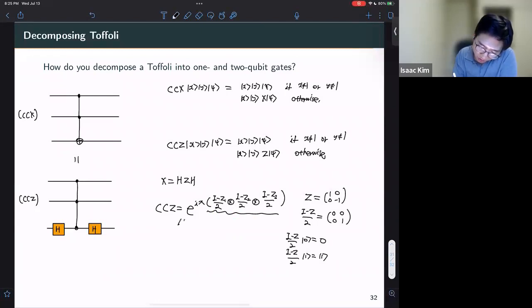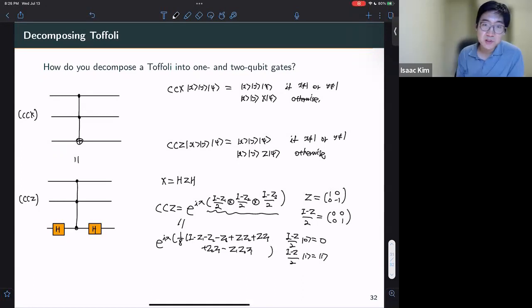And here's the cool part. This identity and the Z's all commute with each other, right? So what you end up getting is e to the i pi over 8 times I minus Z1 minus Z2 minus Z3 plus Z1 Z2 plus Z1 Z3 plus Z2 Z3 minus Z1 Z2 Z3.